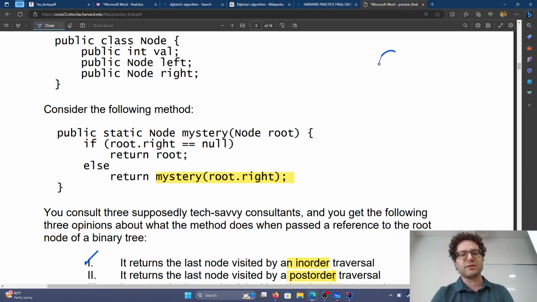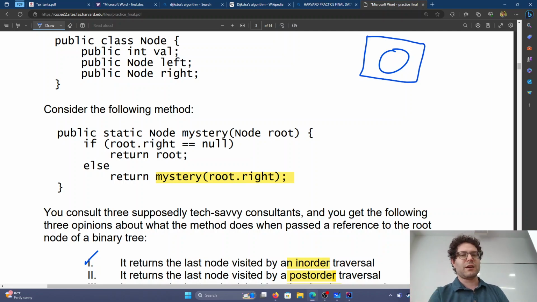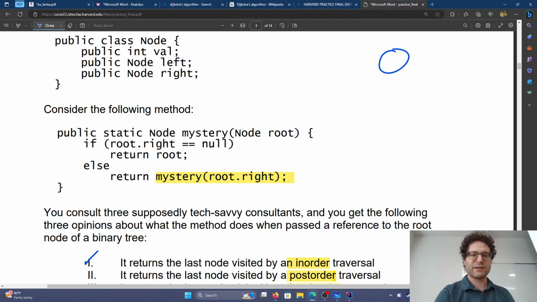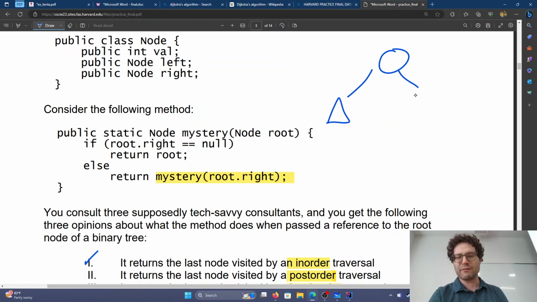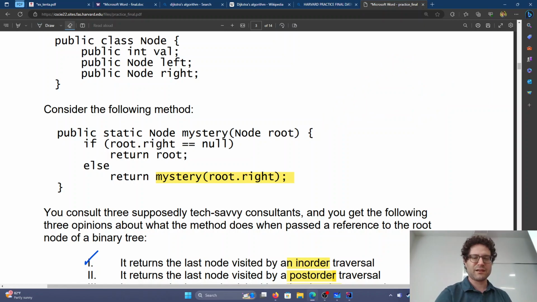So consultant 2 is only ever correct if we have no right subtree. He'd only be correct in this case, where we have nothing, right? All right. So consultant 2 is wrong.